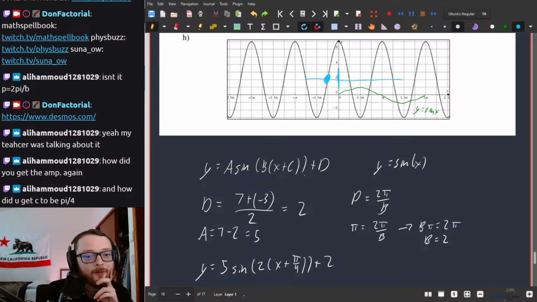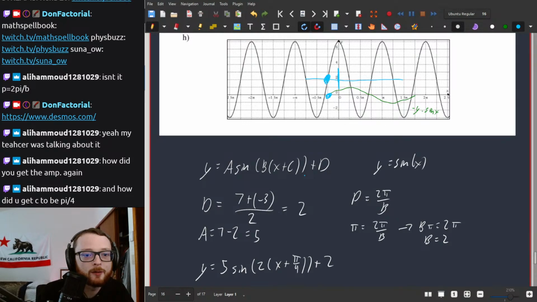And so the vertical shift of this thing makes it kind of weird to explain this. But yeah, I think you're starting with your basic sine graph here, and you're figuring out how much C is, how much you have to shift it left in order to get these starting points to match up.